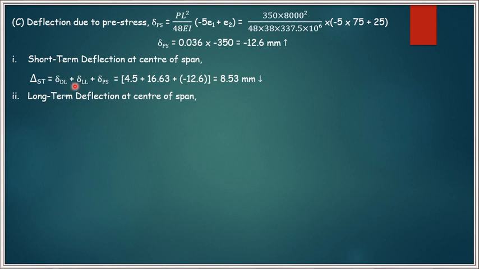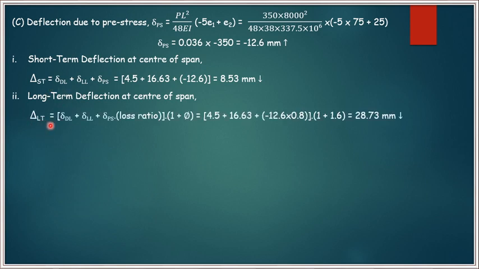Similarly, with calculation of the deflections, long term deflection at center of span we have to calculate. So everything remains same. Long term deflection delta LT is delta DL plus delta LL plus delta pre-stress multiplied by loss ratio, all multiplied by 1 plus creep coefficient.